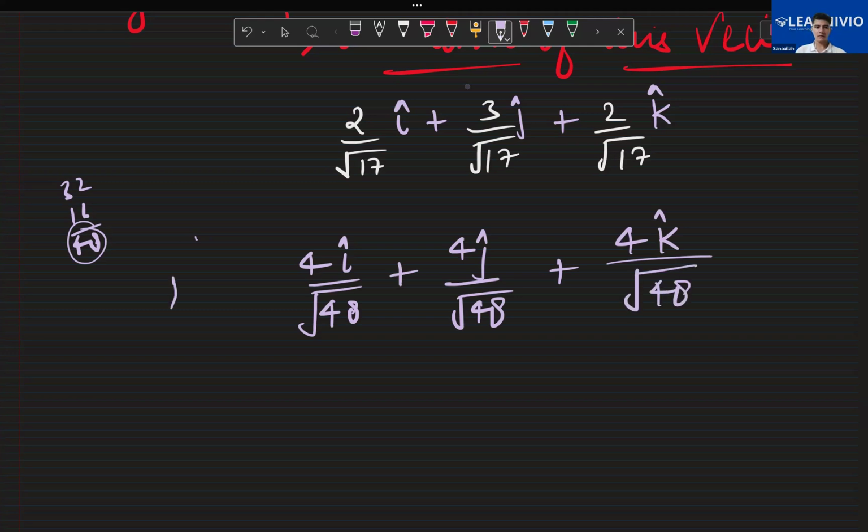This is your B cap. B cap means you must have some vector B whose direction is this. So can you tell me what was your B vector?